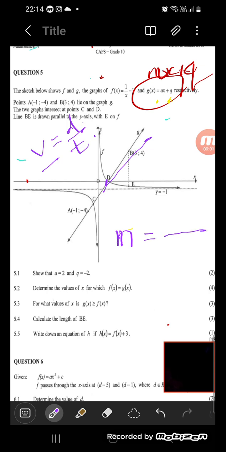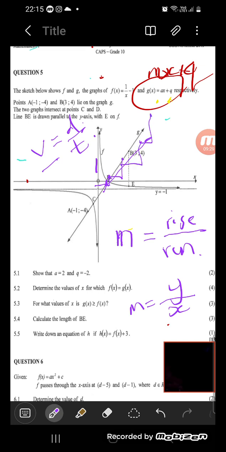Gradient is rise over run. Very importantly, gradient is rise over run. How many x's? How many y's for each x? So if I'm going this way from here, if I go x1, how many y's are over there on the graph?